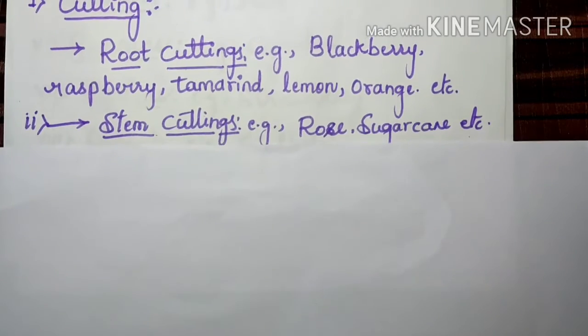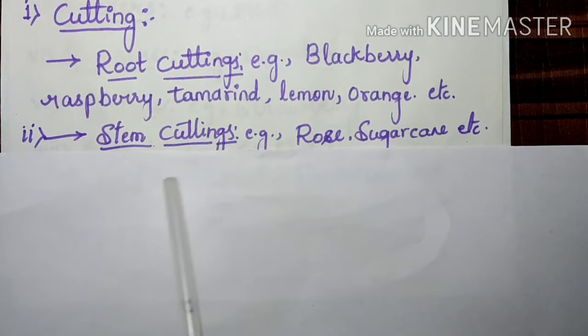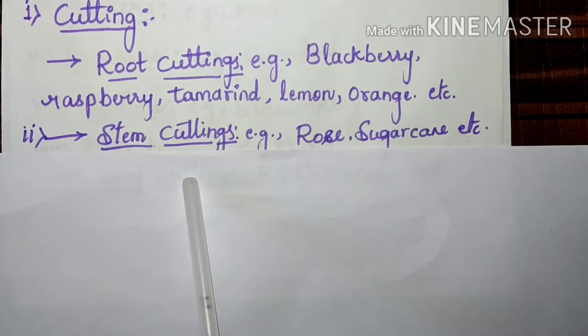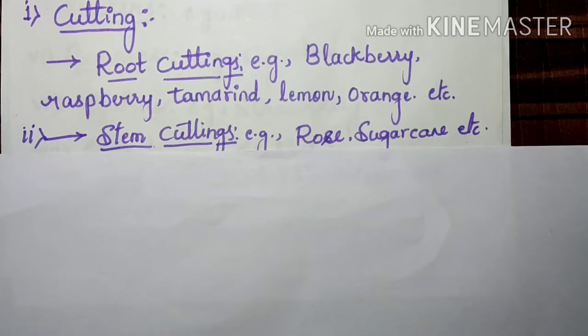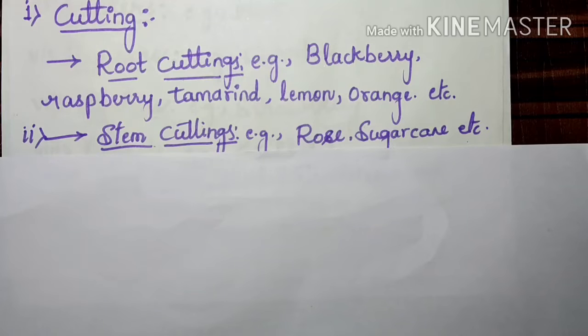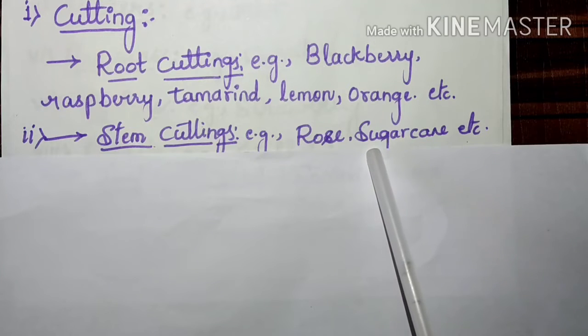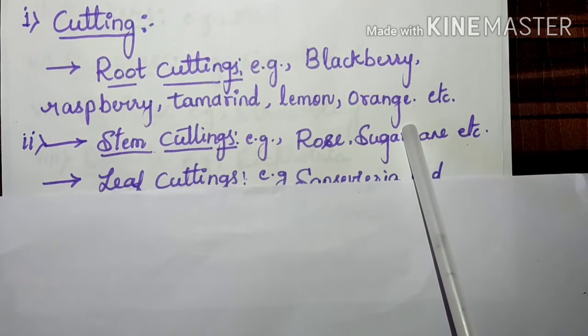The second one is stem cuttings. Pieces of one year old stems, 20 to 30 centimeters long, are cut and planted. Before planting, they are treated with root promoting chemicals like IBA, that is indole-3-butyric acid. Stem cuttings can be used to propagate rose and sugarcane.